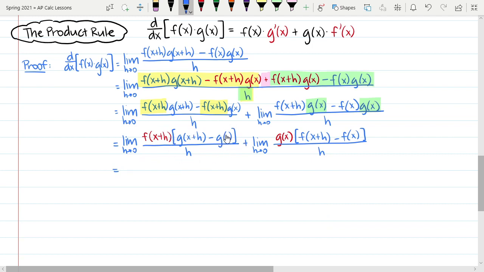And remember, that means I can take the product of those limits. Well, the limit now looks like this.